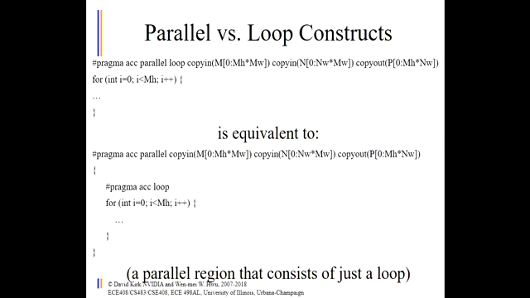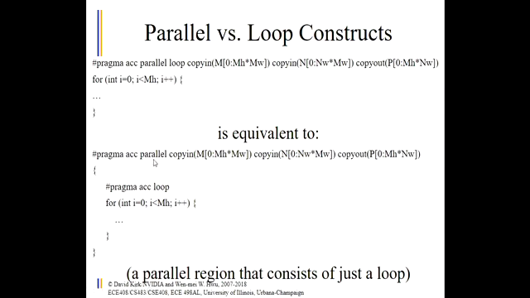Whenever you say the following for loop is a parallel loop, it's equivalent to saying, I'm going to the following region. You use a square bracket to delineate the next region, and you say the next region is a parallel region.